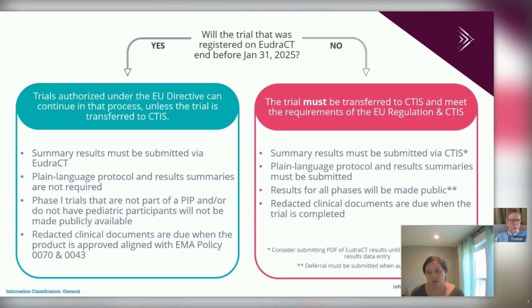So there will be a reauthorization process, and at that time, I presume there will also be the opportunity to request a deferral of publishing some of this data or making some of this information public at that time.